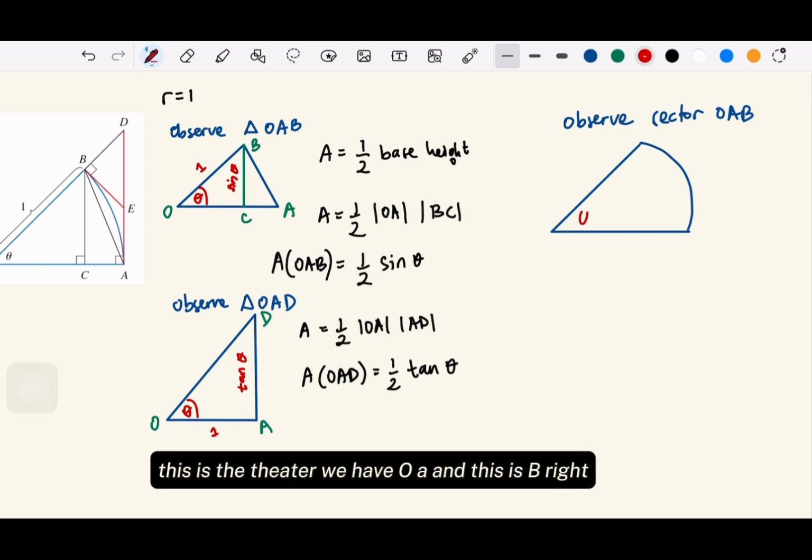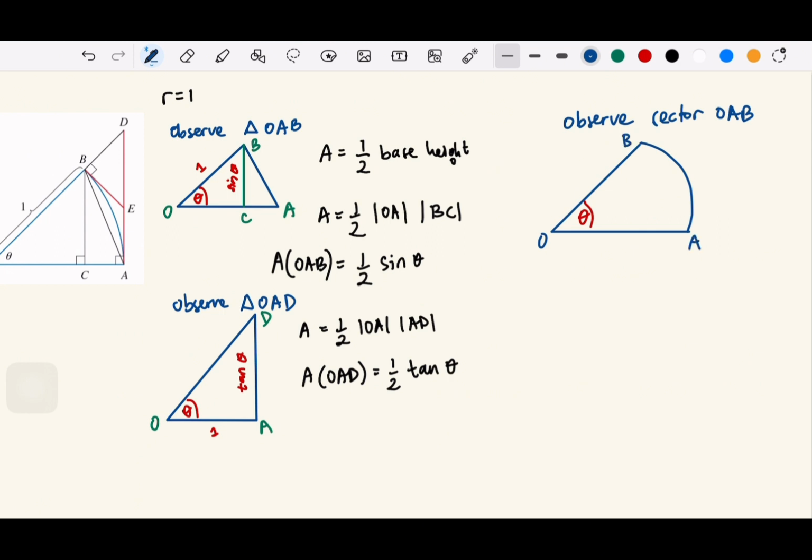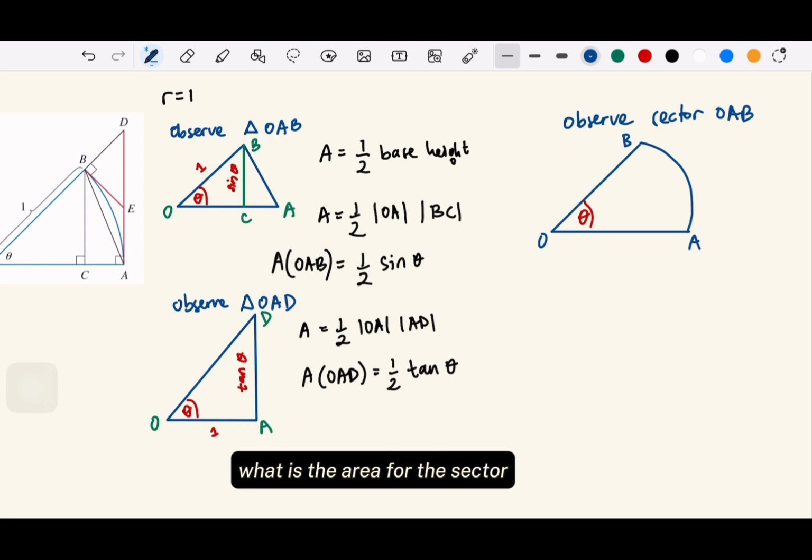This is the theta. We have OA, and this is B, right? What is the area of the sector?